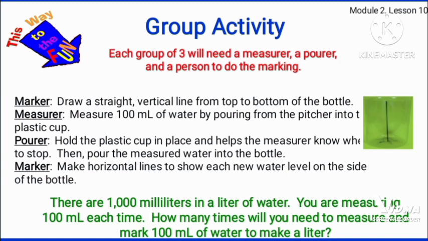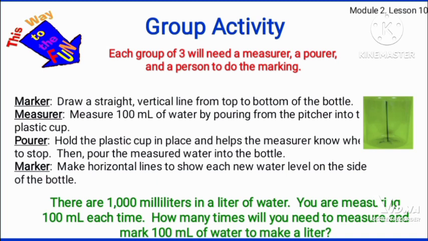There are 1000 milliliters in a liter of water. So if you're measuring 100 milliliters each time, can you tell how many times you need to measure and mark 100 milliliters of water to make a liter? You have to do that 10 times.